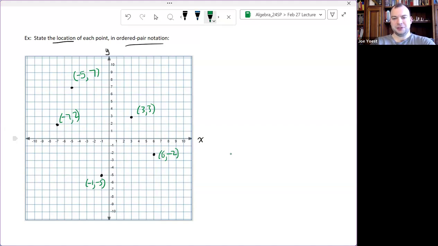At this point, my drawing is not perfect, so we're kind of picking the closest integer point. You can have fractional points. We could have a point like x location 4.5, y location negative 1.